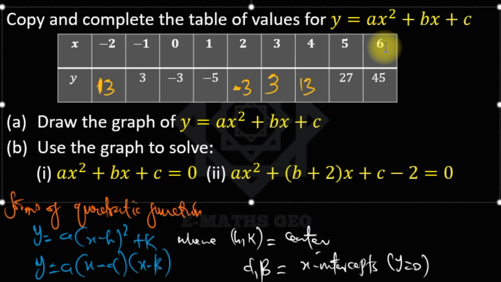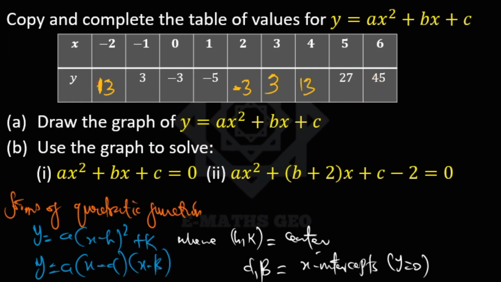For y, we have a minimum of minus 3 and a maximum of 45, so it will go down. So our origin will be down left, so that the graph will be very big. That's what you have to consider, so that you accommodate the points.